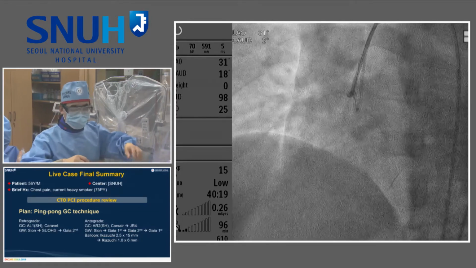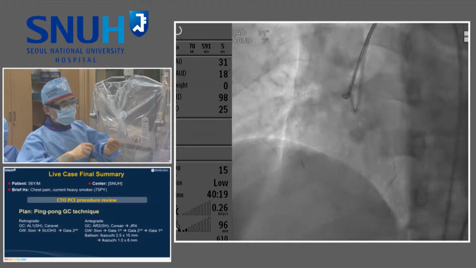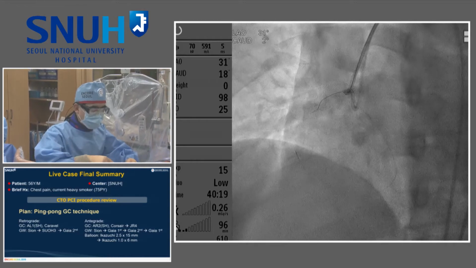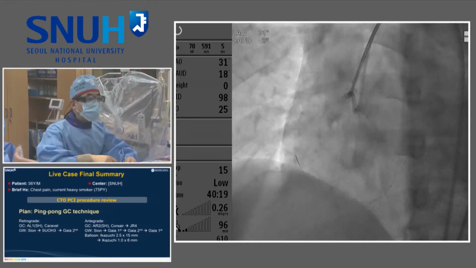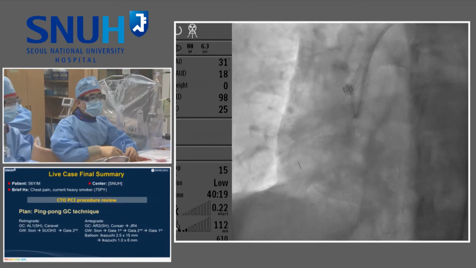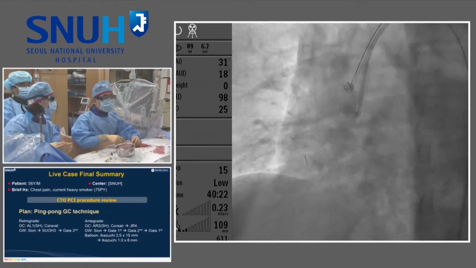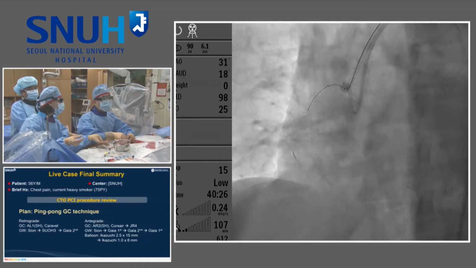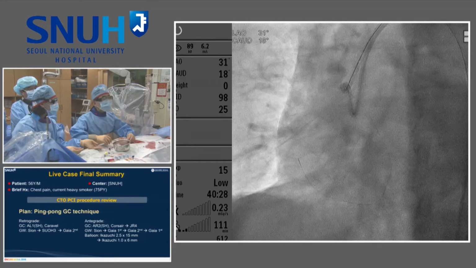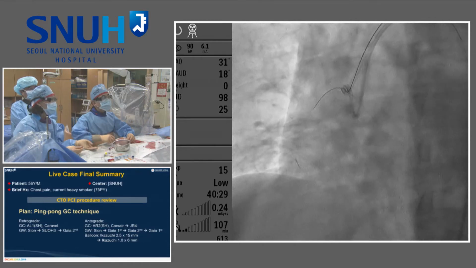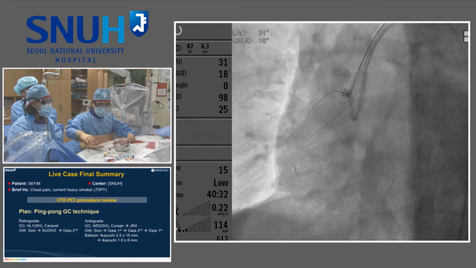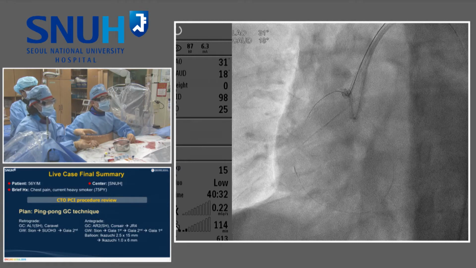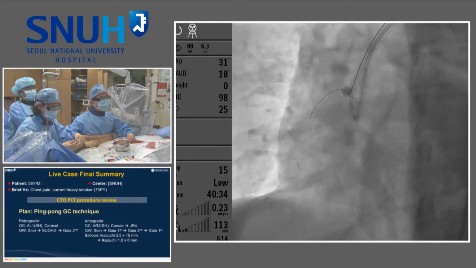How about using the AL1 as the ante-guide? The first guiding catheter was R1, now Judkins. AL1 is a good option, but this is a ping-pong system. Thus, the already engaged guiding catheter is a kind of hurdle for the best engagement of the right guiding catheter.